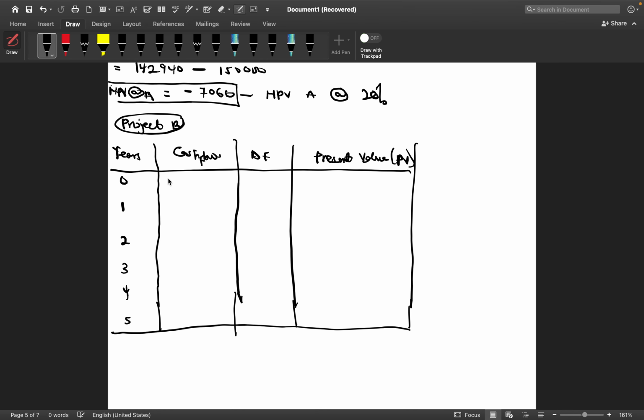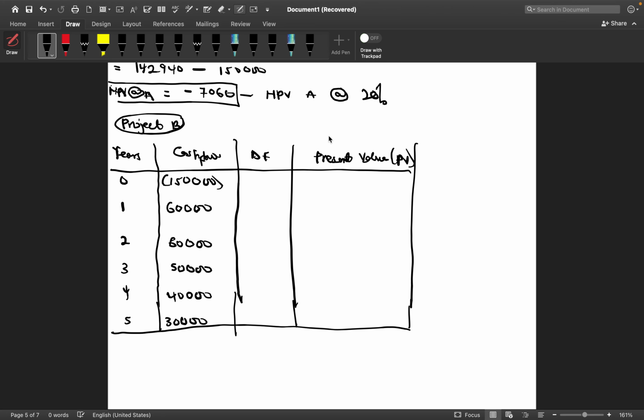So year 0, it was the same initial investment, 150,000. Year 1, it was 60,000. Year 2 was also 60,000. Year 3 was 50,000. Year 4, 40,000. Year 5, 30,000.